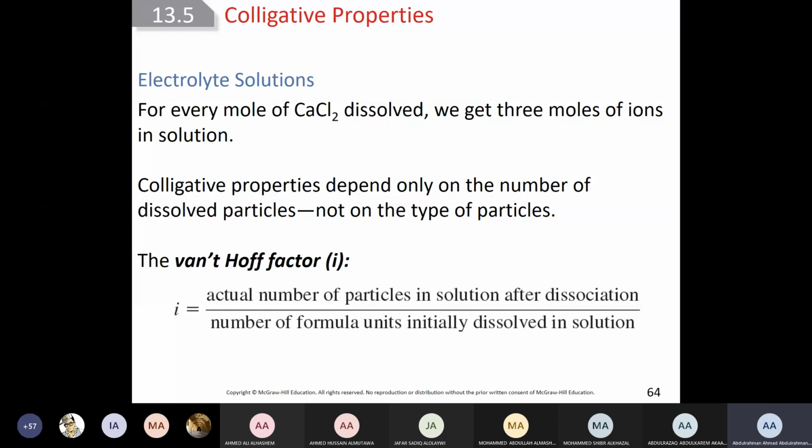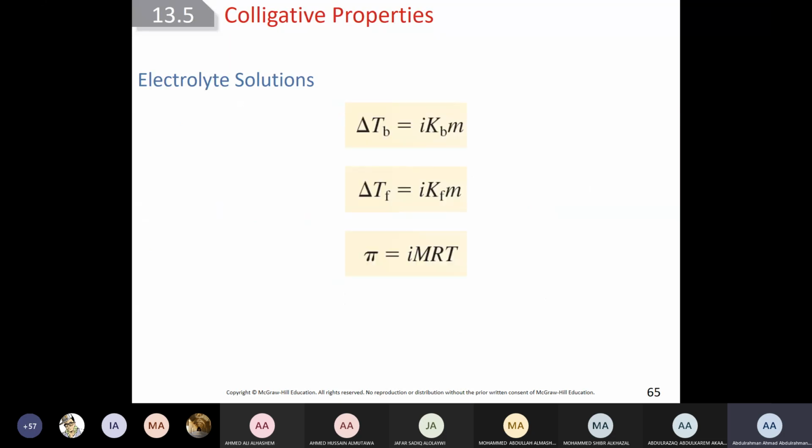I want you to memorize the name of the scientist. What's the name? Van 't Hoff. Van 't Hoff factor, and we have it as I. Don't forget this.